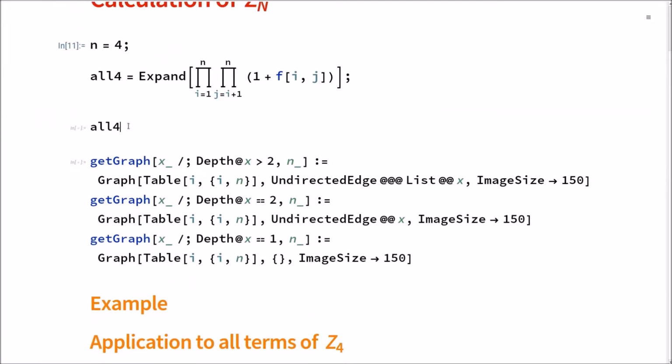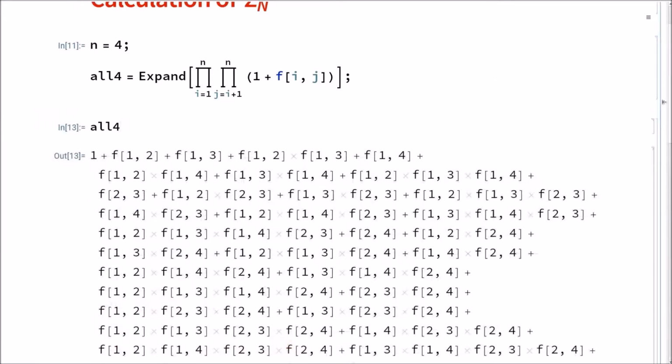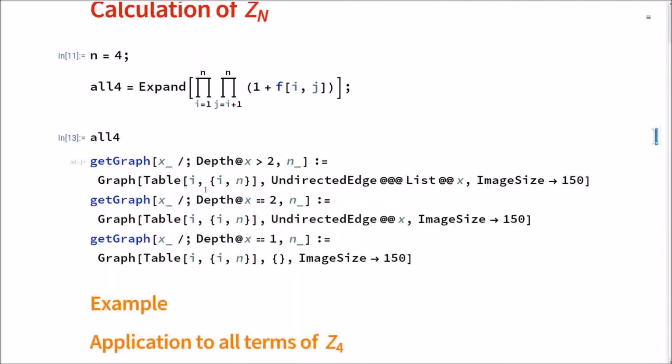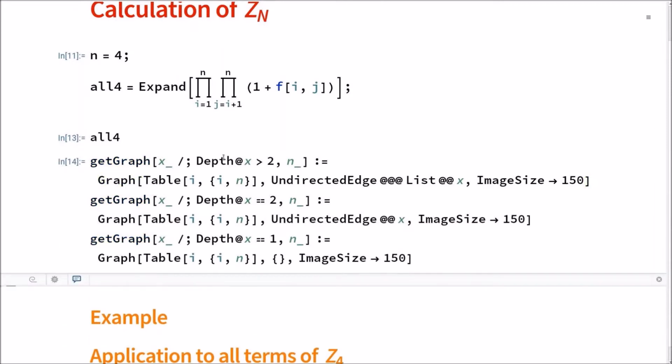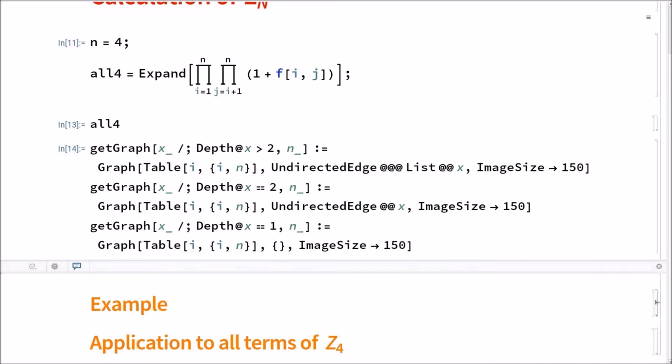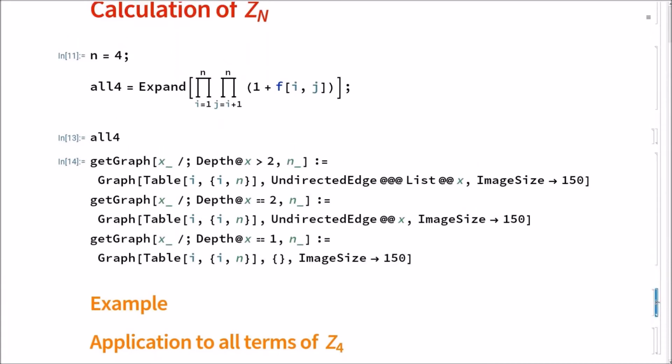These are again all these diagrams, or all these terms we've seen before, and now we want to make it a diagram. This is done by this function here. We can give it an expression, and it transforms this into a diagram. We replace these cluster functions by undirected edges and specify the nodes, and this gives us the graph.